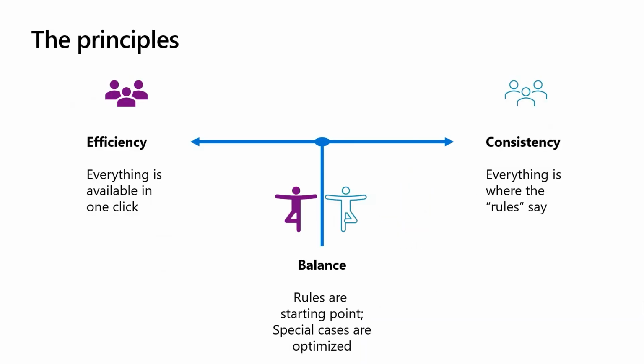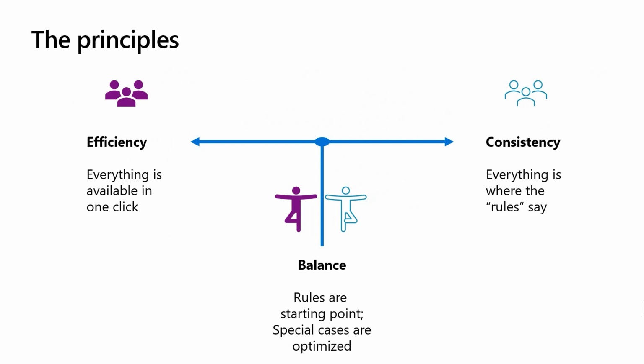What you see on this slide is that on one side we have a proficient user, and on the other we have a novice user, and they usually have very conflicting requirements. The proficient users seek efficiency, whereas the novice users look for consistency and an easy way to learn how to use Business Central.